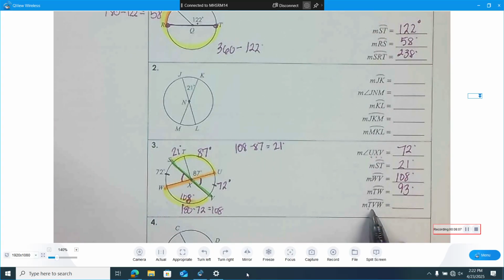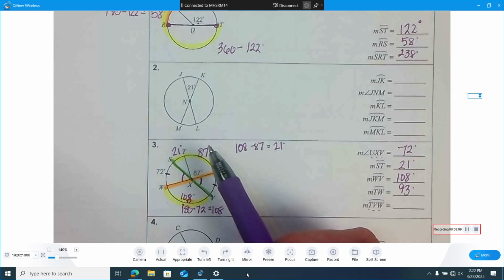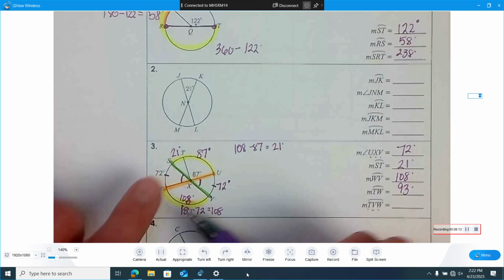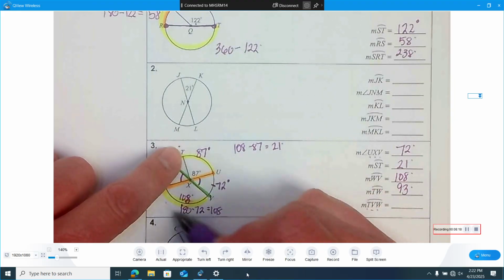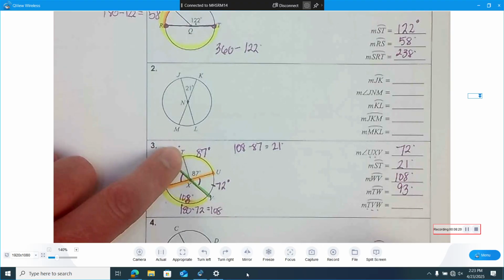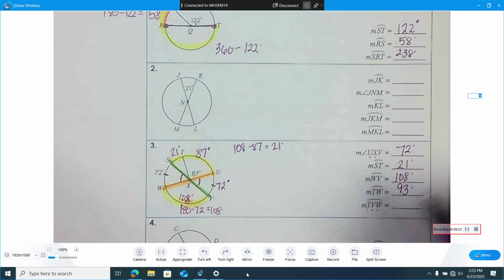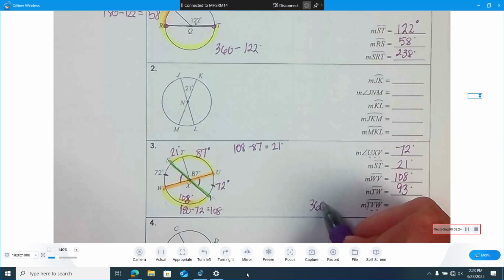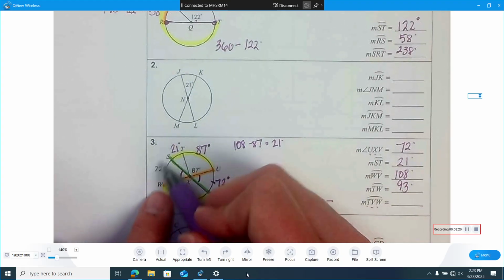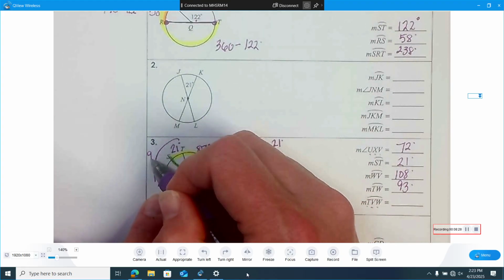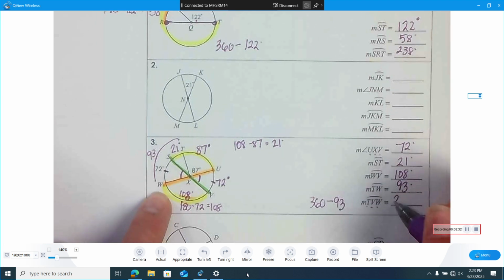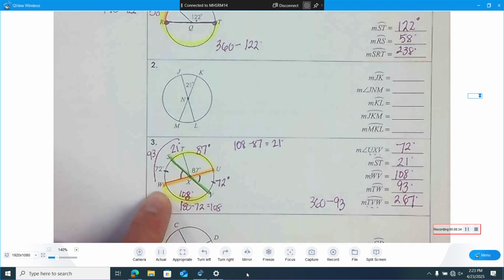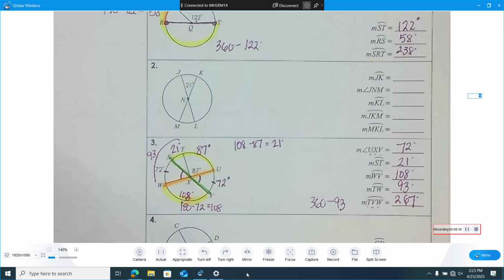And then TVW, T passing through V all the way to W, so this whole side. Let's just do 360 minus 93. That is a great way to do it. 360 minus the 93 we had right here would be 267. So again, so many different ways to do it.